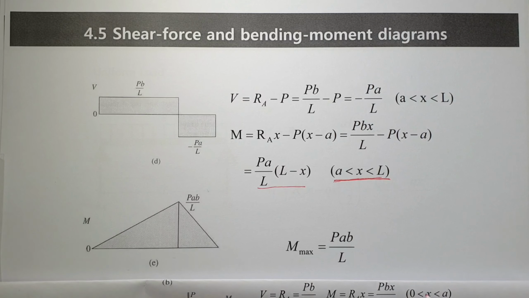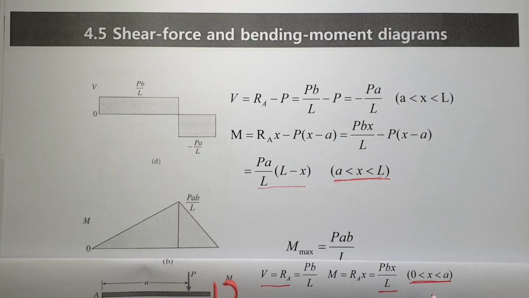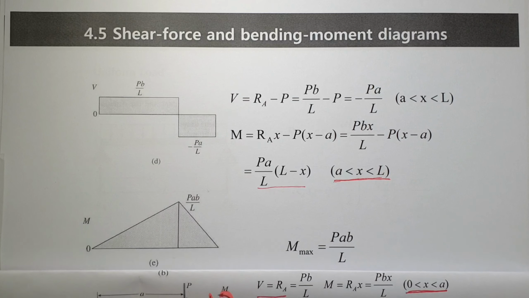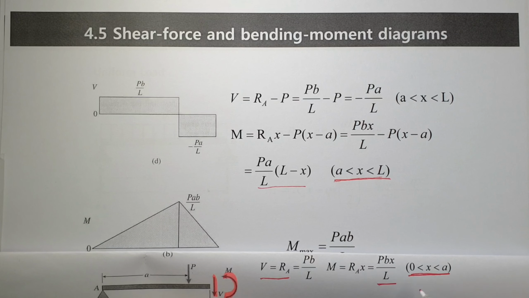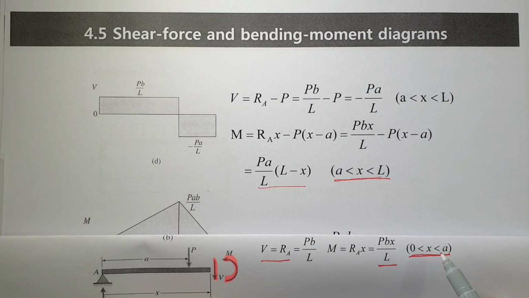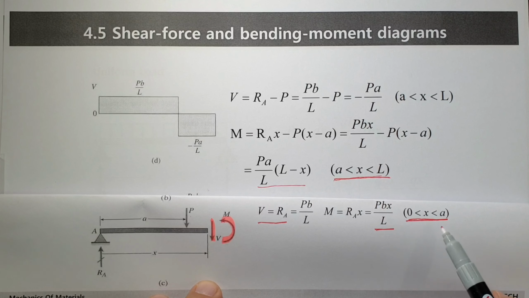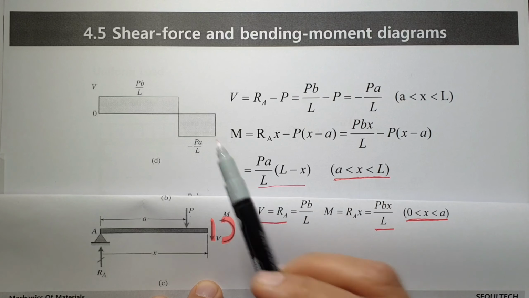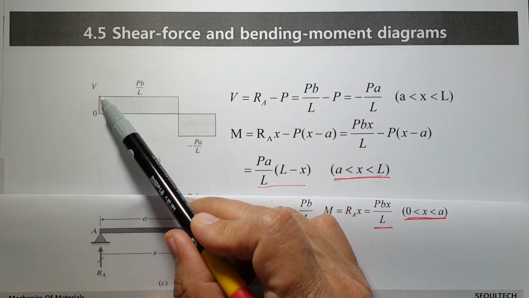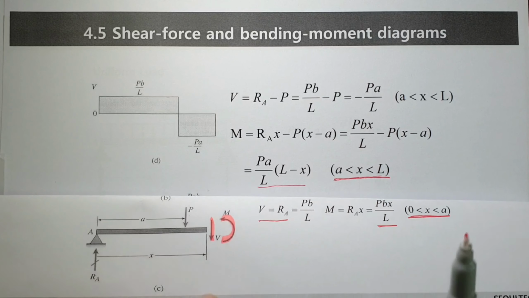When RA is in this range, RA is in this range. Slightly, RA is in this range. V value is like this one. You can draw this way.